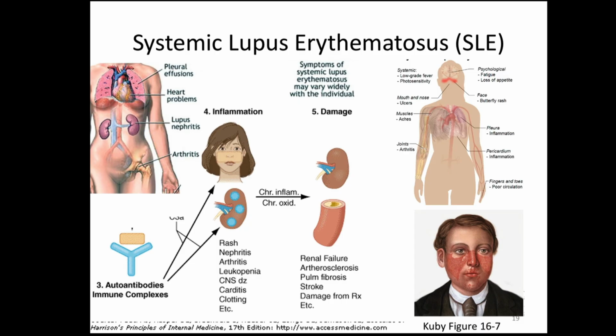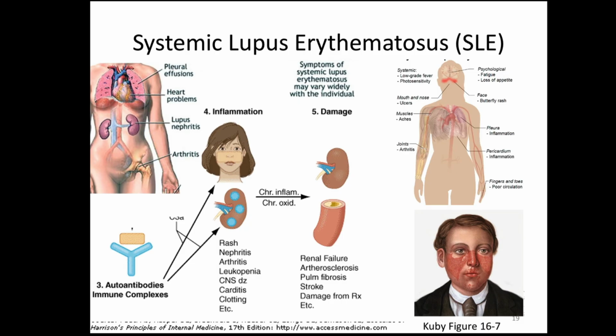Those immune complexes can sometimes happen in the lung, the heart, the kidney, or the joint. We can often see a rash that's shown here, known as the butterfly rash. But we see completely different kinds of symptoms in most lupus patients, and part of this is because the immune complexes are depositing in different places in different people.